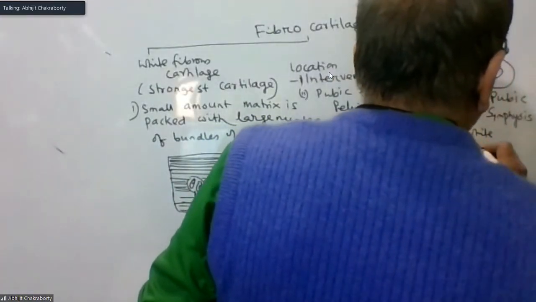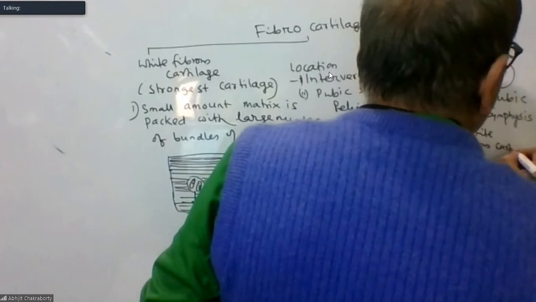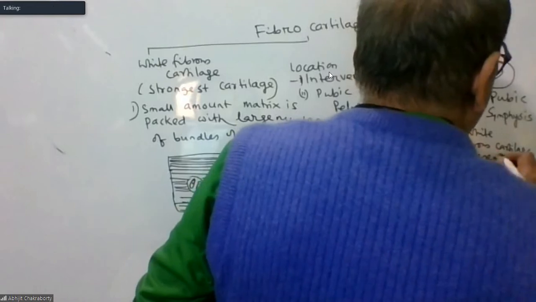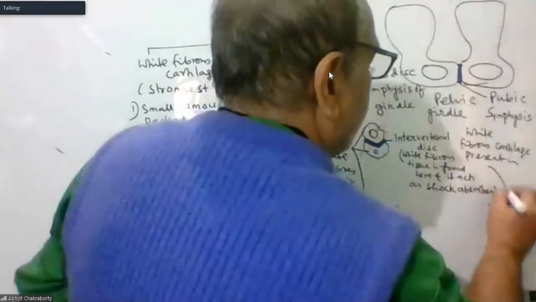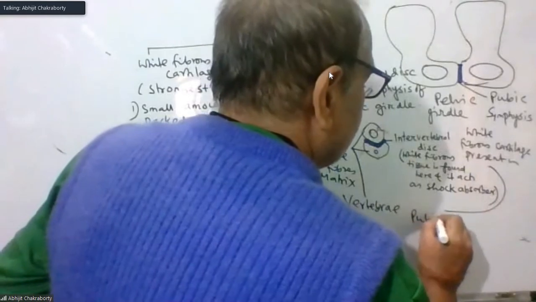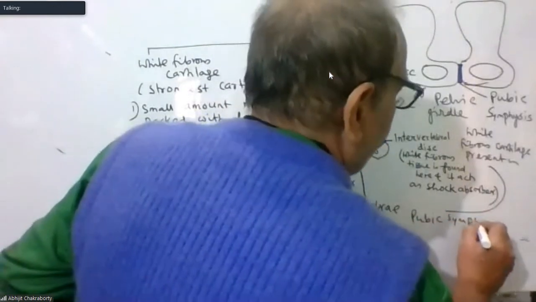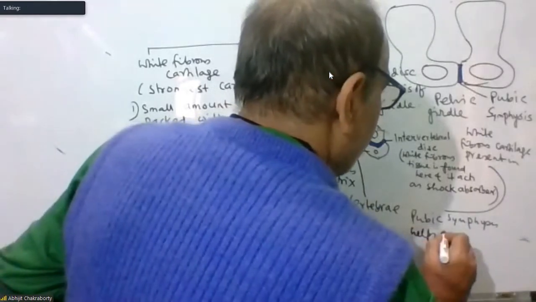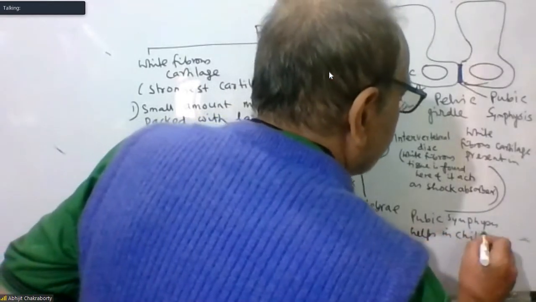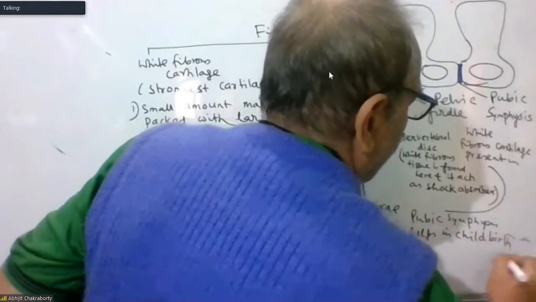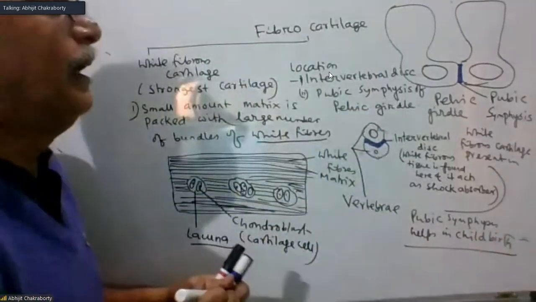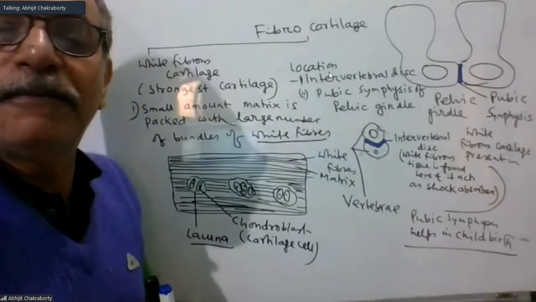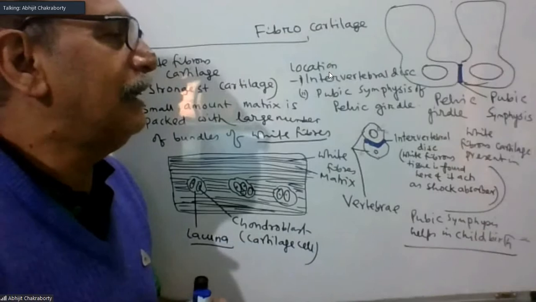White fibrous cartilage present in the pubic symphysis helps in childbirth. That's why in female it is very tough. White fibrous cartilage present in the pubic symphysis region helps in childbirth.